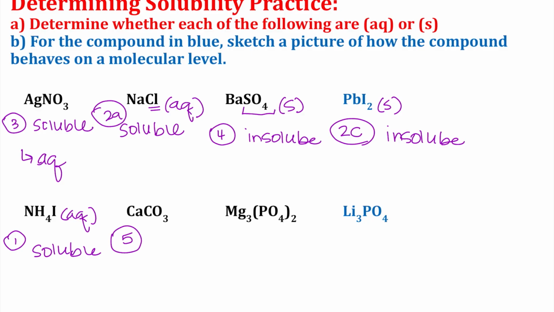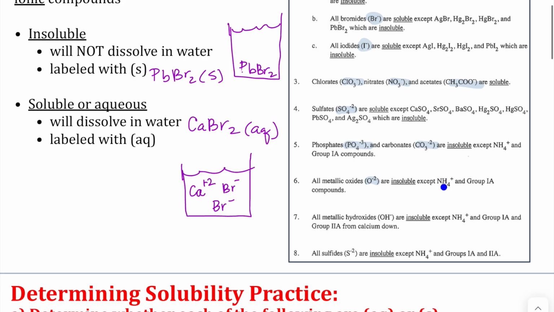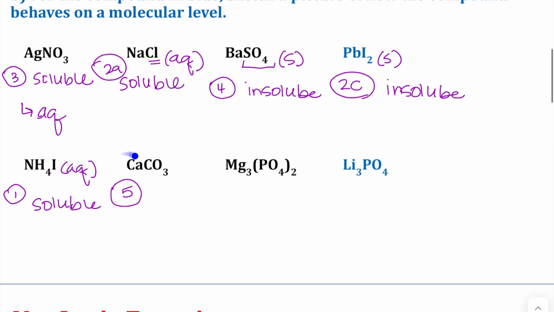Carbonates are insoluble except NH4 and group 1A compounds. Well, group 1A is the first column on our periodic table. And so we need to check, well, is calcium in that first column on the periodic table? It is not. And so this would be insoluble and would be a solid state of matter.